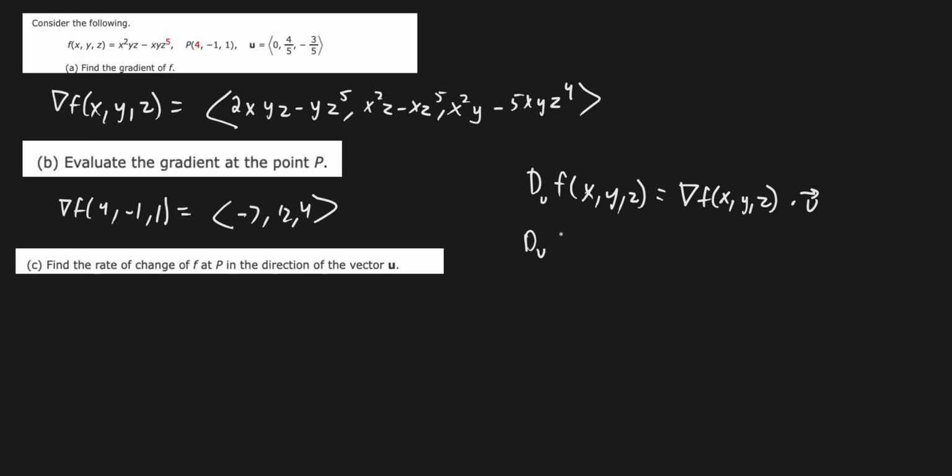So at the point 4, negative 1, 1, the directional derivative is just equal to the gradient, which is negative 7, 12, 4, if I did my work correctly, dot product with 0, 4/5, negative 3/5.